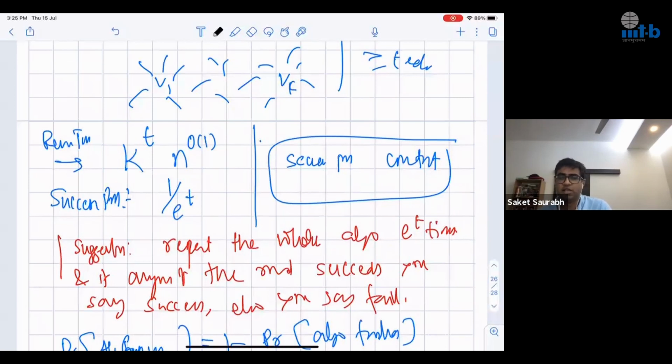Similarly here, if I succeed with probability 1 over e to the power t, then to boost my success probability, I should run this experiment e to the power t times and then choose the best answer from there. This is nothing specific to this algorithm. This is a strategy used in all randomized algorithms to boost the success probability by what is called independent runs or independent trials. So now we have boosted this algorithm.